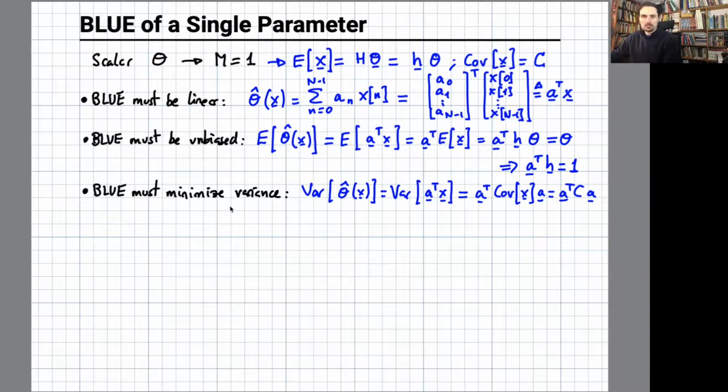And the last condition in the definition is that the BLUE minimizes variance, okay? So what is the variance of this estimator?